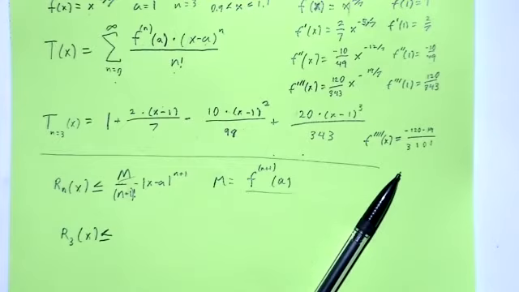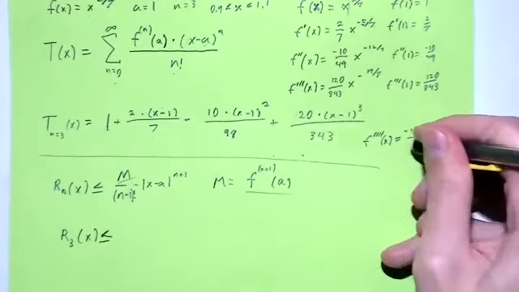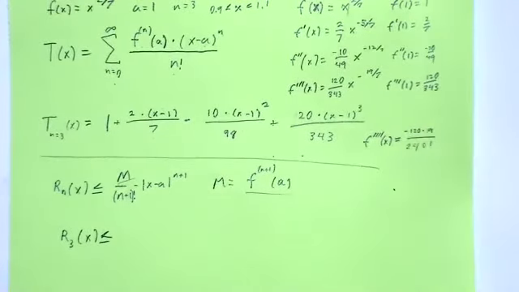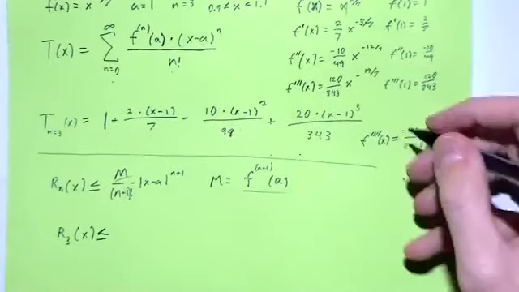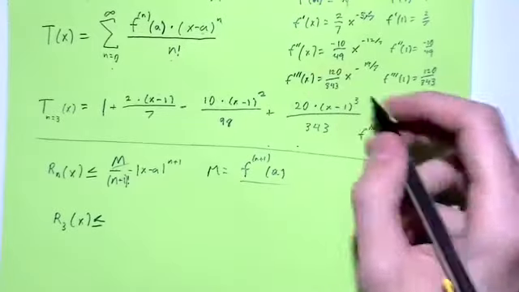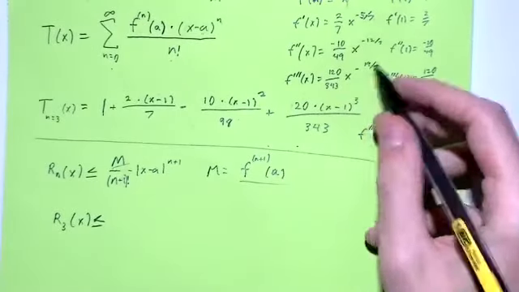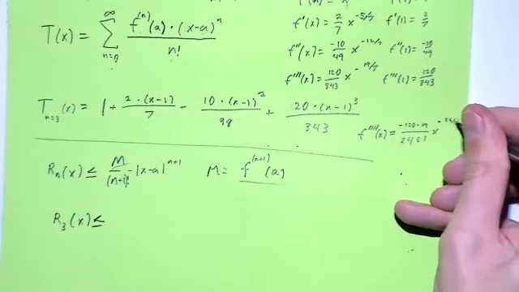49 times 49. How did I mess that up? I know all the rest of that's correct. And then that would be times x to the negative 26 over 7ths.